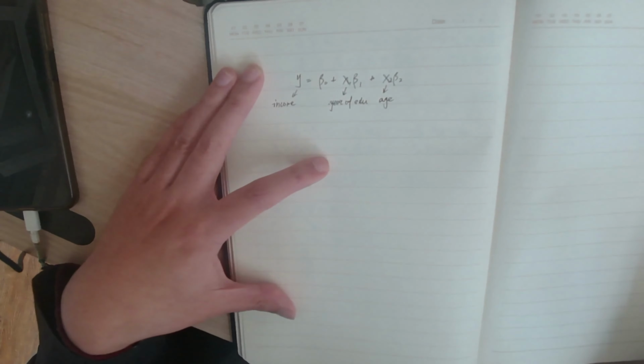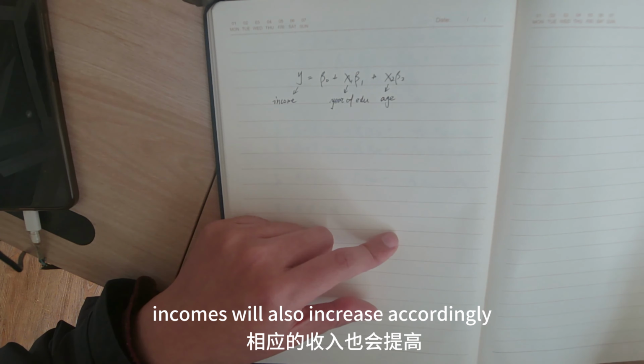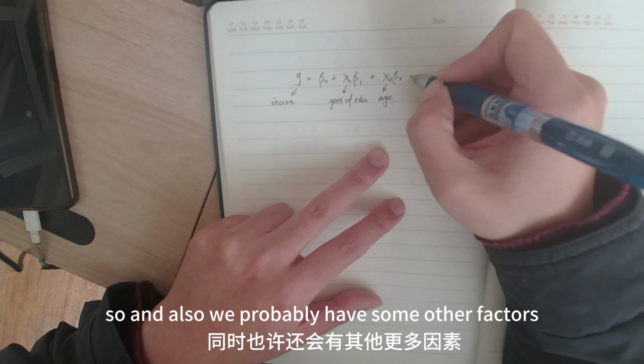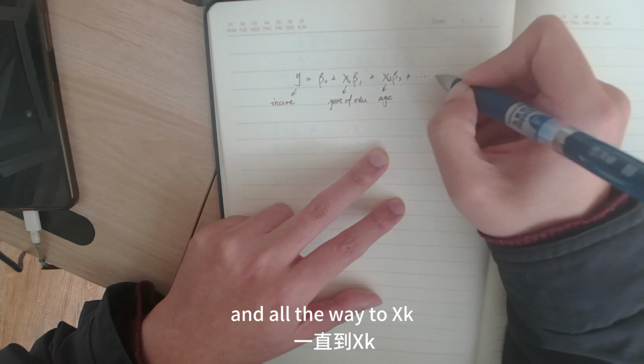Commonly speaking, the more time you spend on a job and the more experience you obtain, your income will also increase accordingly. And we probably have some other factors, all the way to xk beta k, plus our error term mu i.